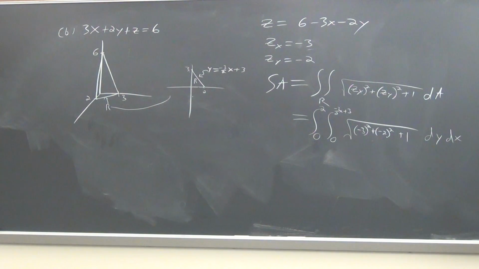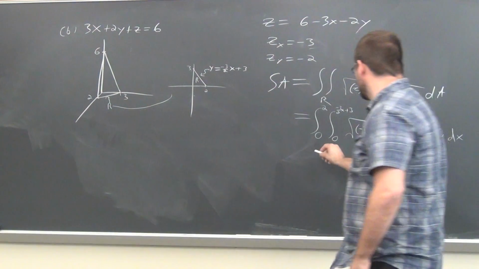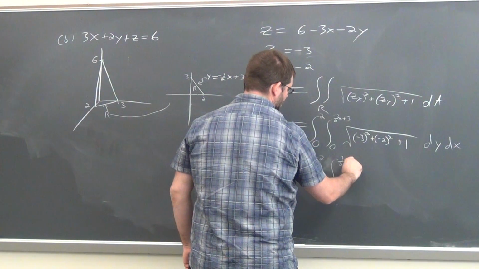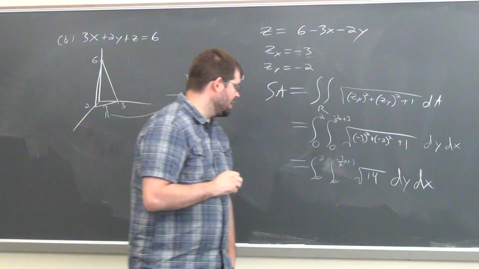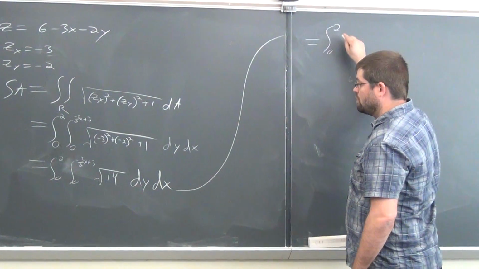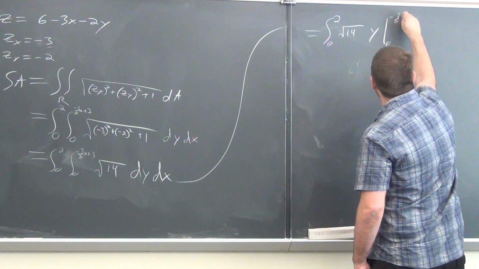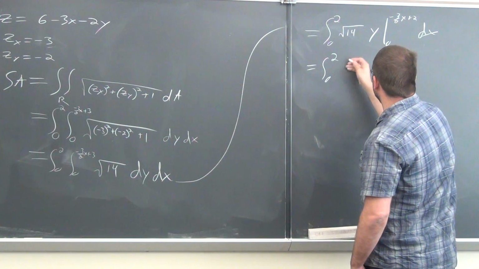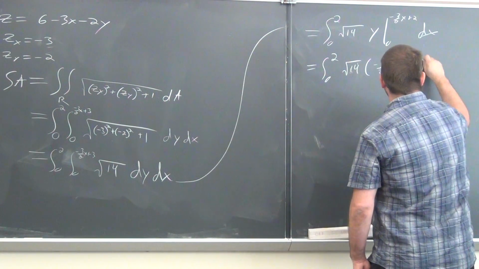Okay. So we end up with just the square root of 14 dy dx. So the square root of 14, y from 0 to negative 3/2 x plus 2. So you just plug that in: square root of 14 times negative 3/2 x plus 2 dx.